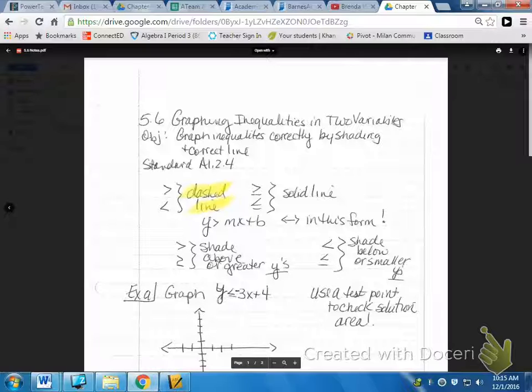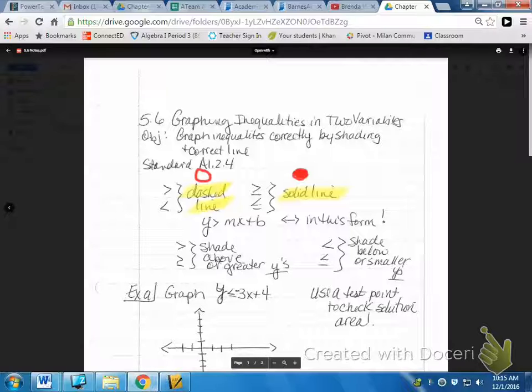But once you switch to greater than or equal to, less than or equal to, it is a solid line. So basically what you want to think of is the dashed line is equated to an open circle, where a solid line would be similar to a filled-in circle because that line is part of the solution.